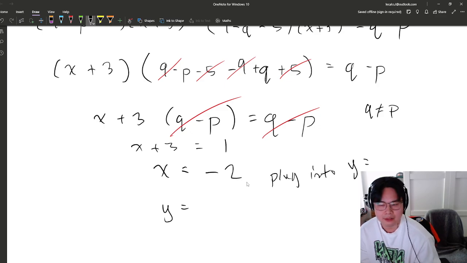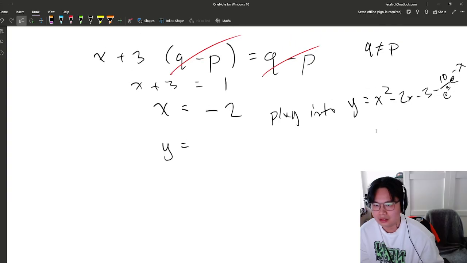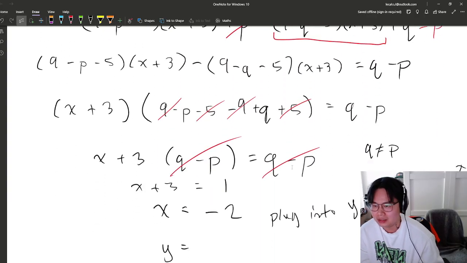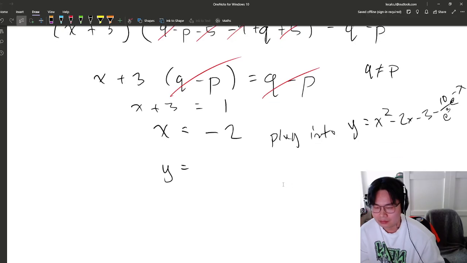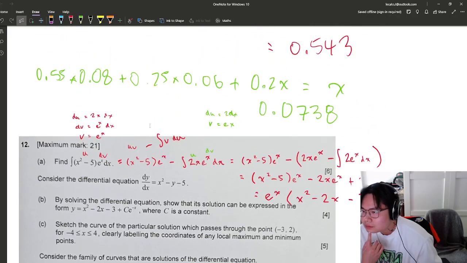Plug into y equals x squared minus 2 minus 3 minus 10 over e to the negative x, right? Because that was one particular solution. I mean, I guess it didn't matter. You could have made c anything. You could have made c 0. Right?